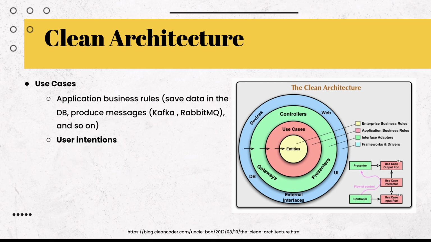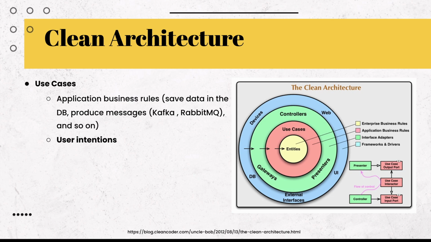And the other layer is the use cases, and basically this is where the application business rules live. This is the user intentions or the user actions, for example, create user, export data, delete product, create product. And we're going to use interfaces to interact with the adapters, for example.